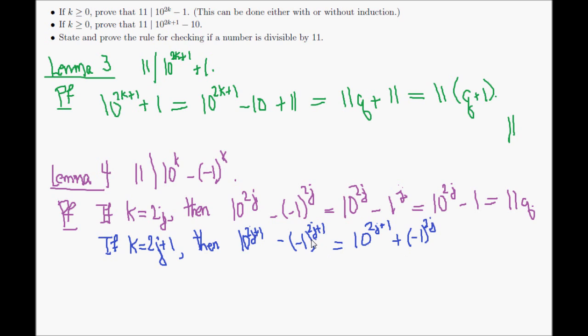Just if I peel off one of the negative ones out of the exponent, then if I multiply this whole thing by negative 1, that cancels out and gives me a plus. Then as before, negative 1 to the 2j plus 1 is plus 1. So 10 to the 2j plus 1 plus 1. And we just got done saying that 10 to an odd power plus 1, that's equal to 11 times something.